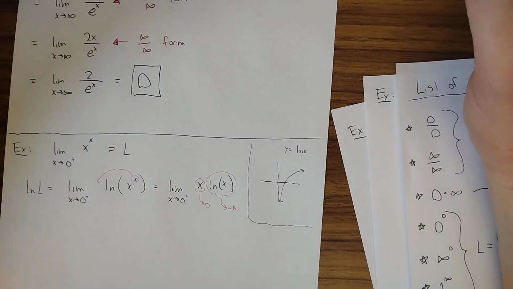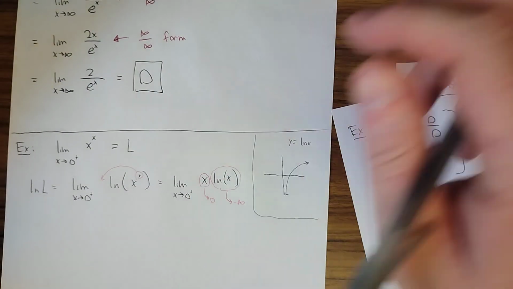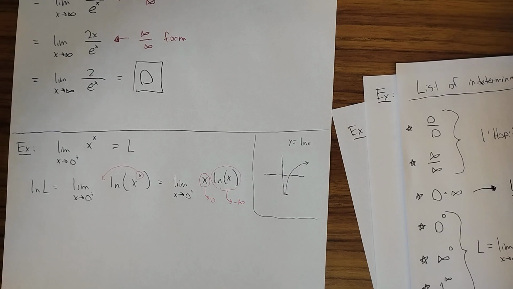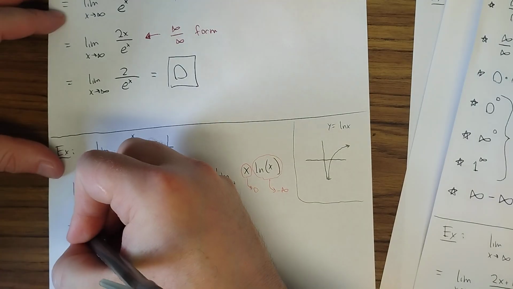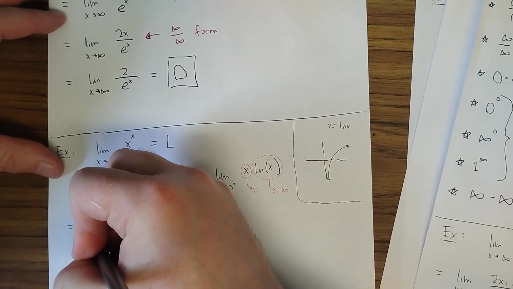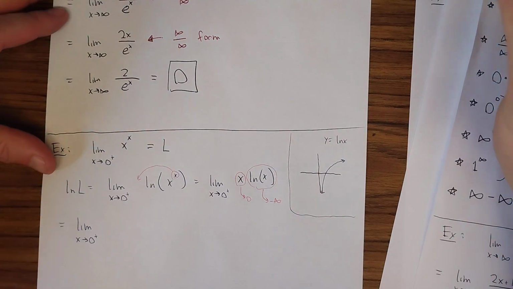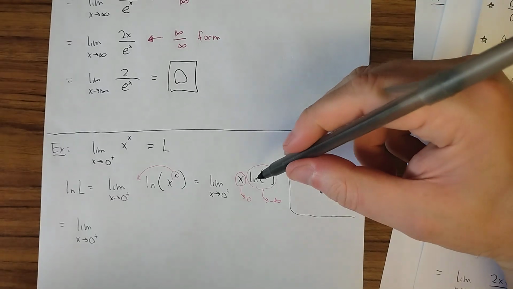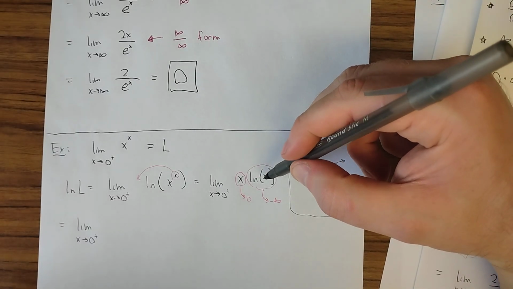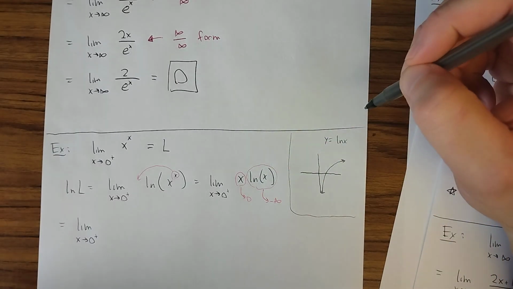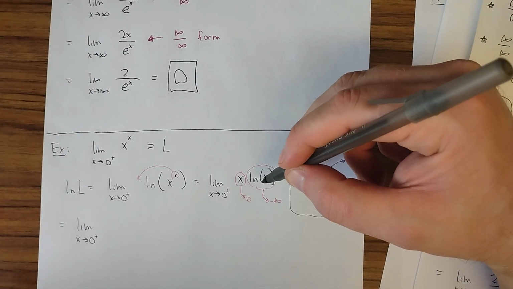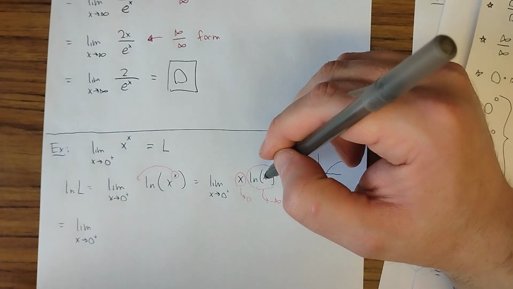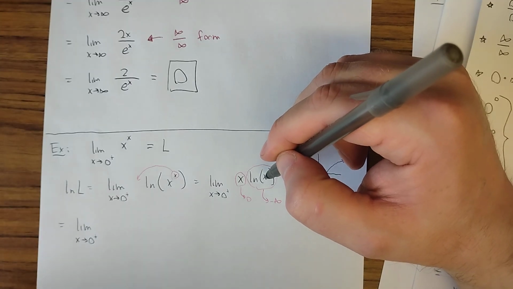Okay, so what do we do with 0 times infinity? I turn this into a fraction, because L'Hopital's rule is good for fractions. It's either 0 over 0 or infinity over infinity. So I have an option of which one do I want to throw on the bottom. I don't think I want to make a fraction with x on the top and 1 over ln x on the bottom.